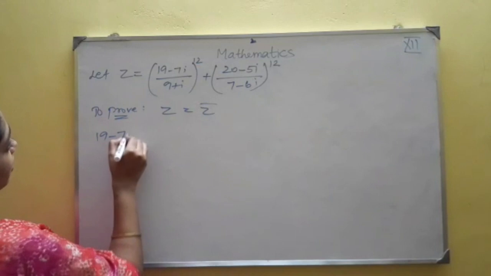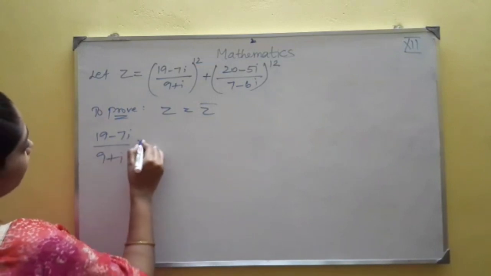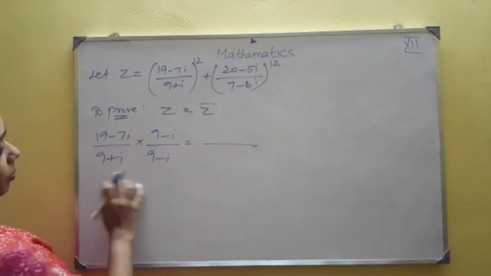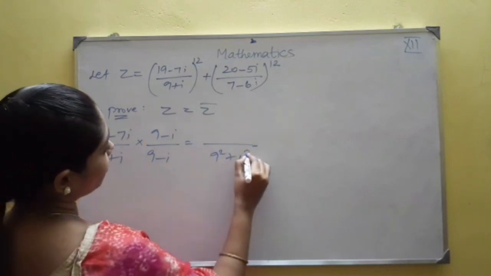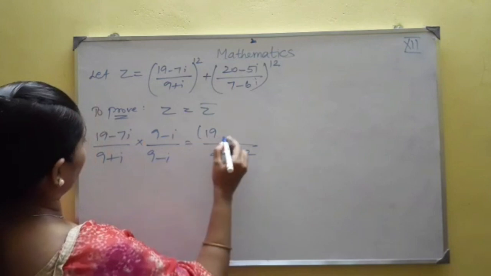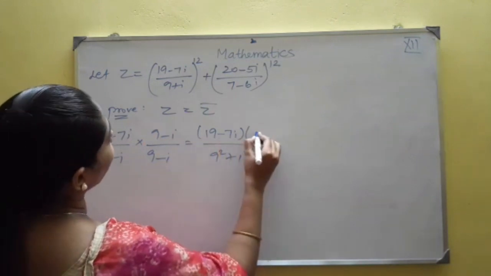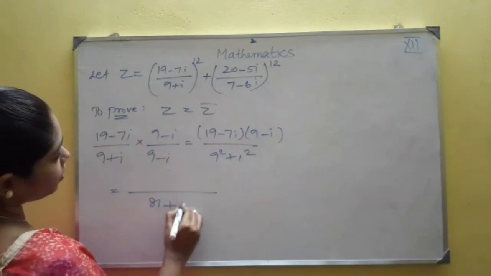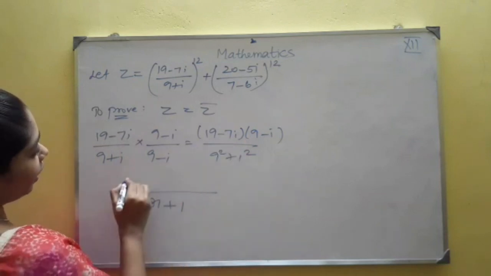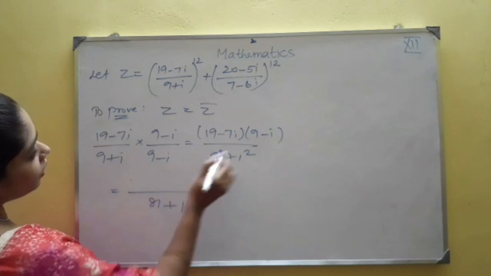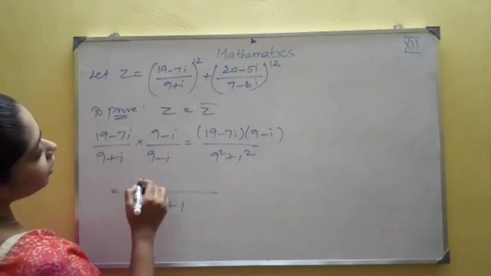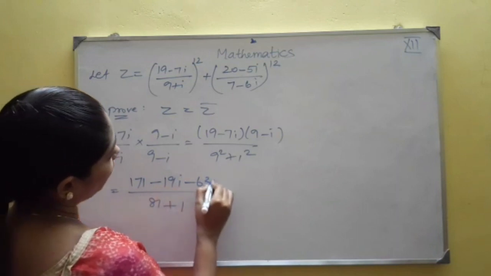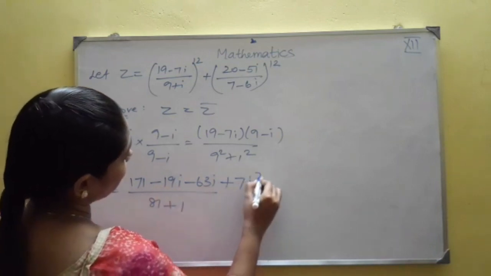Now this is (19 minus 7i) divided by (9 plus i). Take the conjugate for this. In the denominator, a plus b, a minus b means a square minus b square, and in the numerator 19 minus 7i and 9 minus i. For the denominator, 9 square is 81 plus 1, and the numerator is 19 into 9 is 171 minus 19i minus 63i, minus into minus plus 7i square.